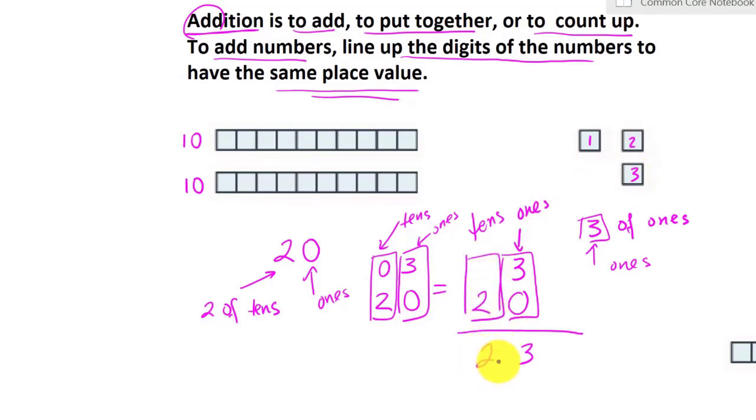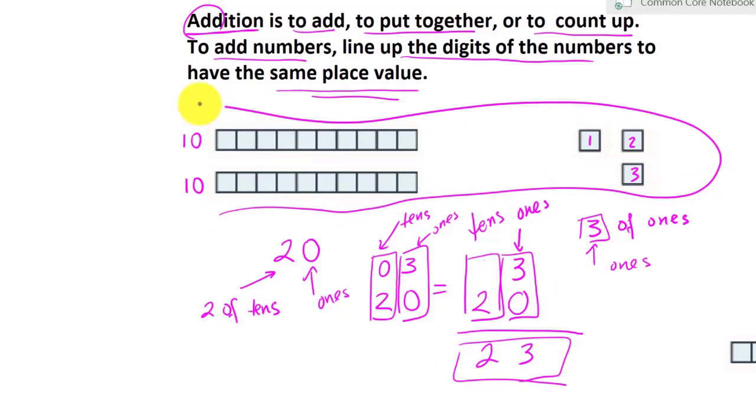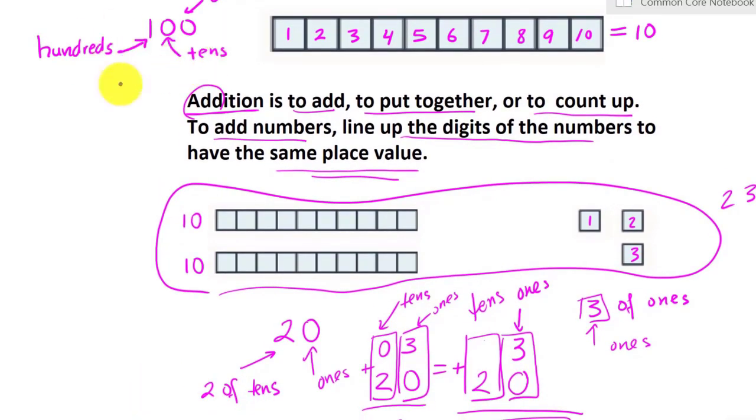That gives us 2. So what is the total for both samples? That is 23. And that is how addition works. In this case, 3 plus 20 equals 23. And that's adding. Okay? And if you don't like to add, just count them together using the place values.